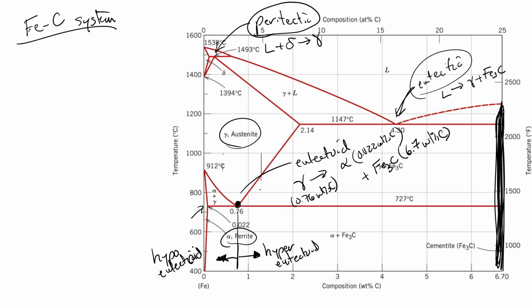Now there's something very important that happens at that 0.76, and I'm going to go to some pictures of your book. We're going to skip some slides here to talk about what happens at that point. But basically it's a solid that splits into two solid phases.